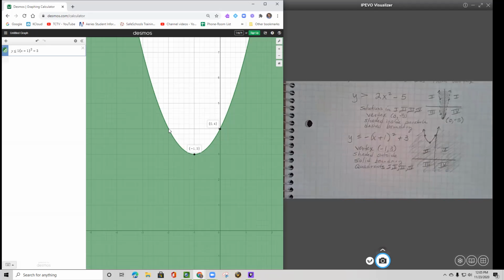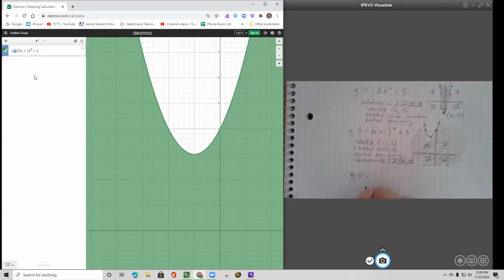By the way, your solutions are not always in quadrants 1, 2, 3, and 4. Look what would happen if I just changed this symbol here. What if I did y greater than or equal to the same curve? I just changed the direction that I shade.